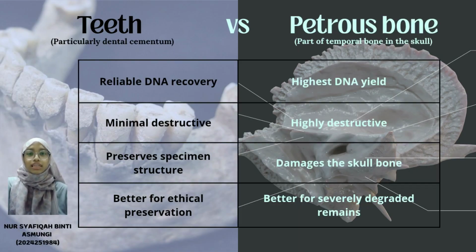In contrast, teeth, especially dental cementum, provide a minimally destructive alternative because teeth are highly durable and can still produce a reliable DNA profile while preserving the physical structure of the specimen. Therefore, teeth are preferred when ethical preservation and conservation are important, while petrous bone is mainly used when maximum DNA recovery is necessary from severely degraded remains.